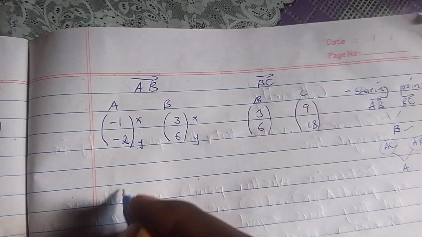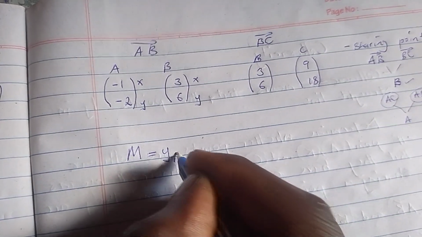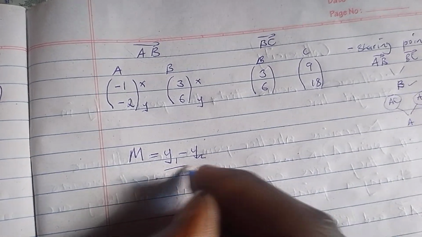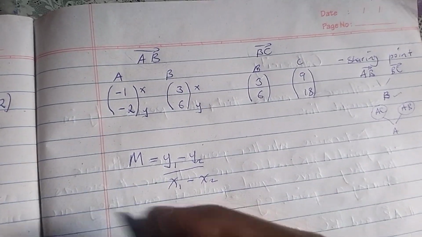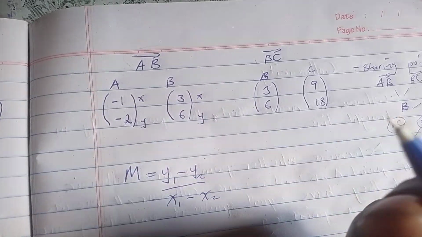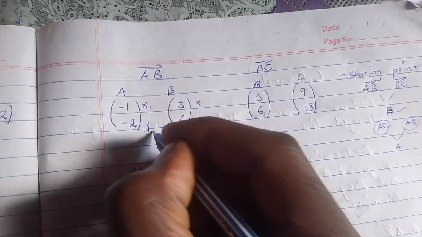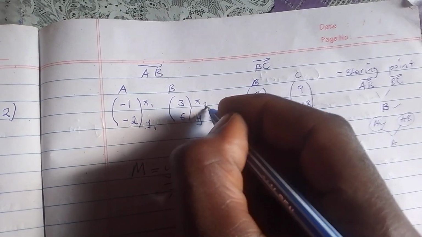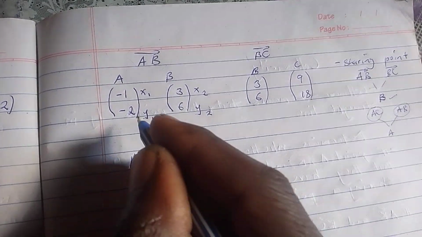What's the formula? We said that gradient is equal to y1 minus y2 over x1 minus x2. So with our points here, we need to name them. Preferably, I can say this is x1, y1 and this is x2, y2. I substitute them into my formula.